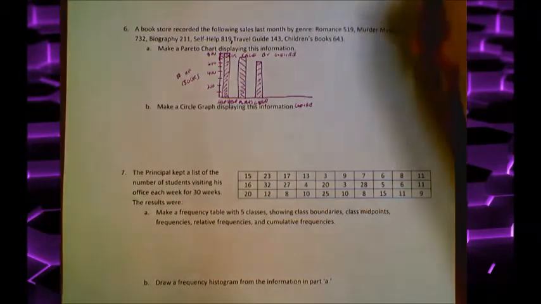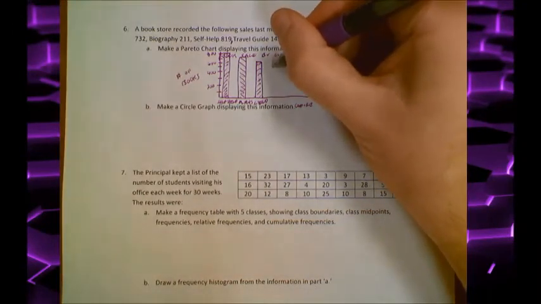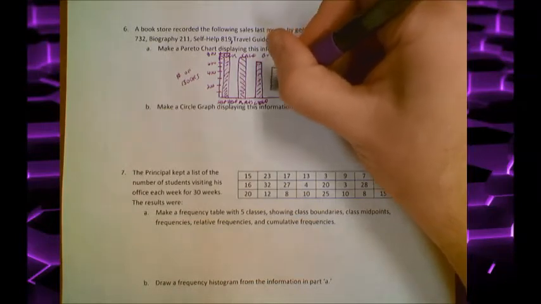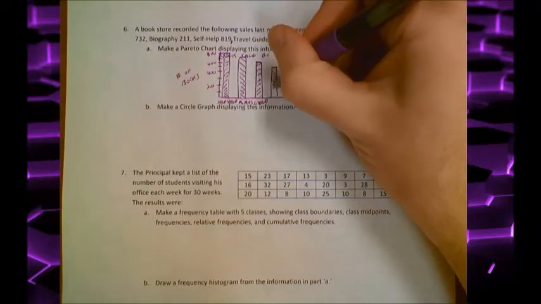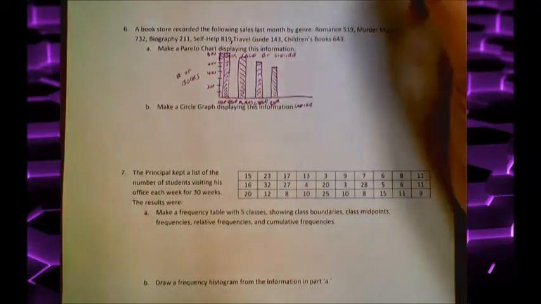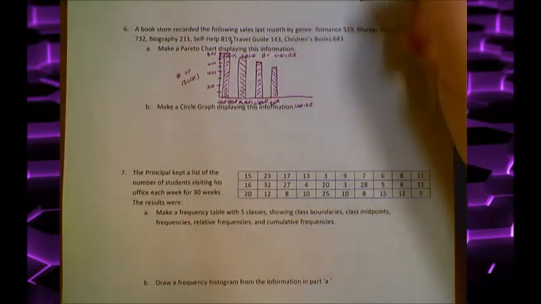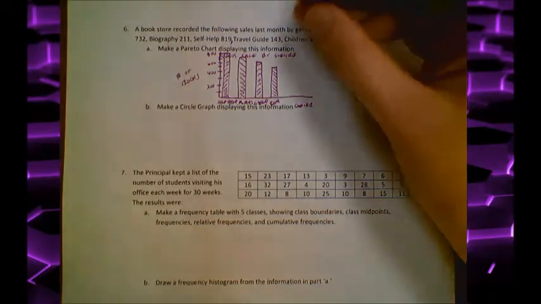The next one is going to be the 519 for romance. So kind of there-ish. And then after that, we're down to 211 for biography.